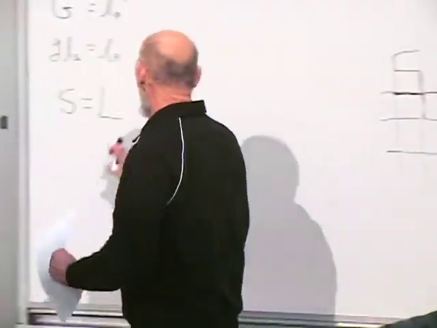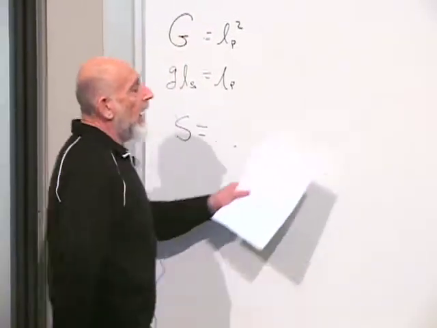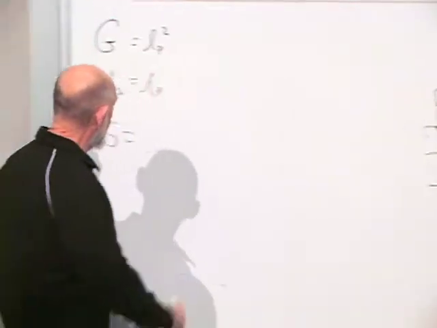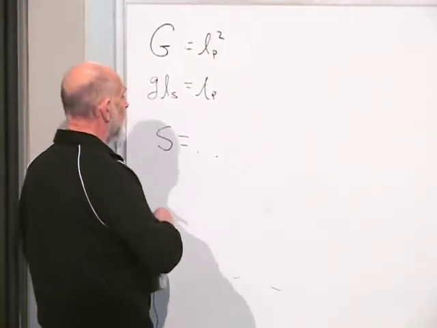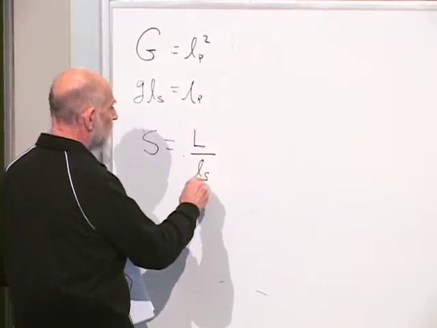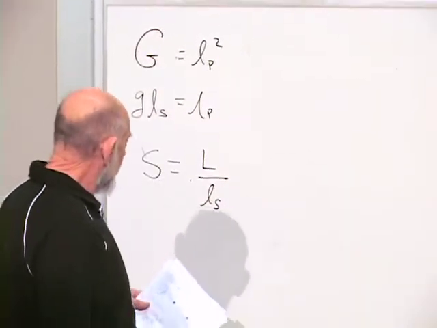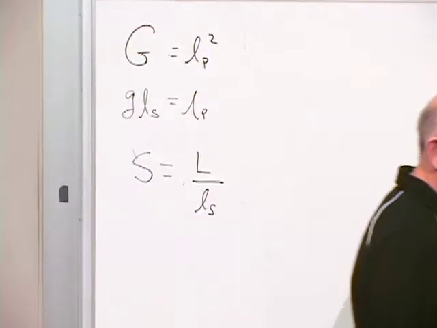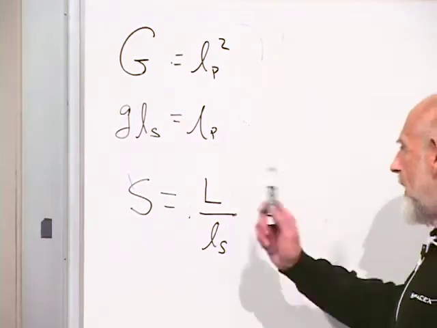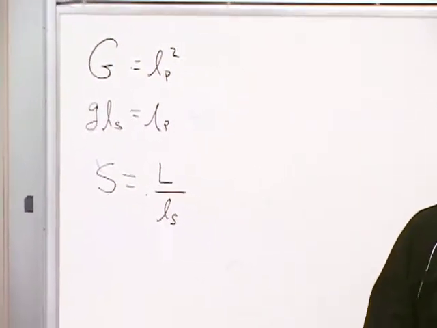So the natural thing is to count up how many wiggles or steps there are. That's going to be the length of the string divided by L string. That's the entropy of a string. Now notice, it's length divided by L string. I'm going to write another equation for it in a minute.